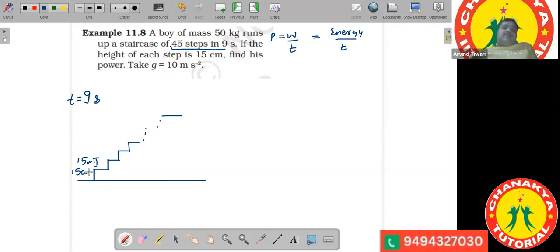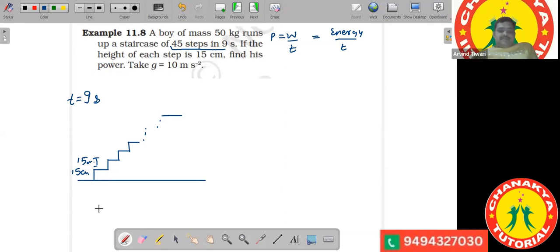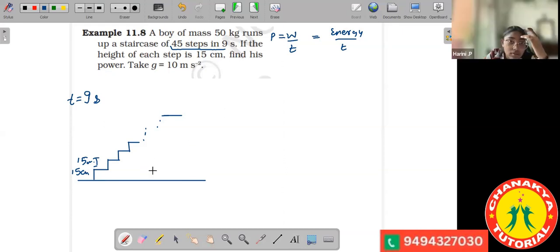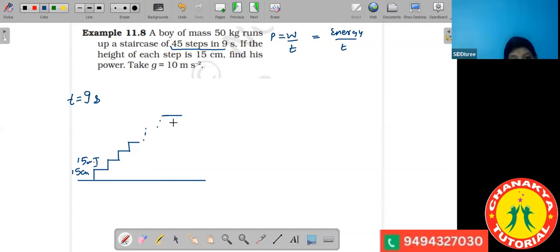Harini, is my answer correct? No, Harini, it's incorrect. Okay, let's see. The boy is running upward. The boy is moving upward.